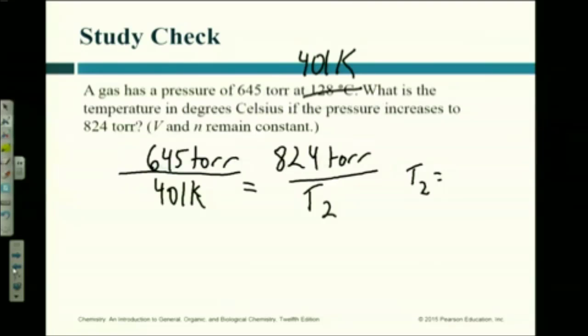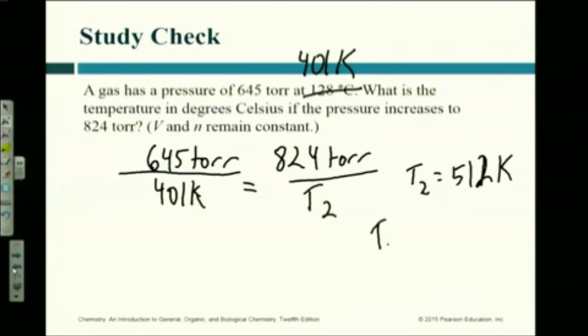Huh? 512 Kelvin. Did it go up a reasonable amount? Well, look at how much the pressure went up. It went up pretty good. The temperature went up by 100 Kelvin. That makes sense, right? And the question says Celsius, and we're not done, are we?